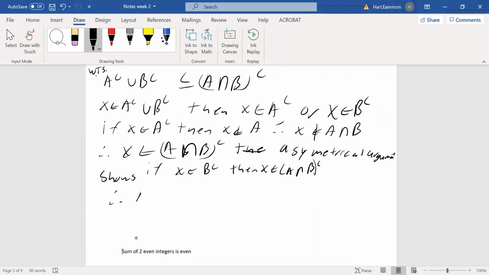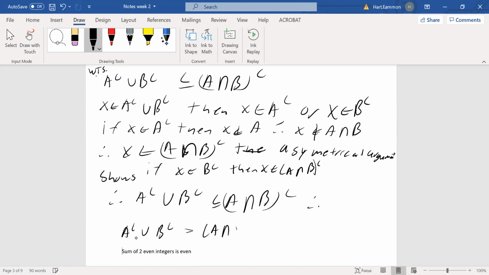Therefore, A complement union B complement is a subset of A intersect B complement. Therefore, A complement union B complement is equal to A intersect B complement. But these sets are the same because we have just shown that they're subsets of each other.